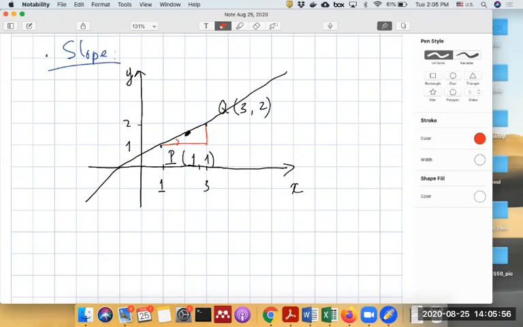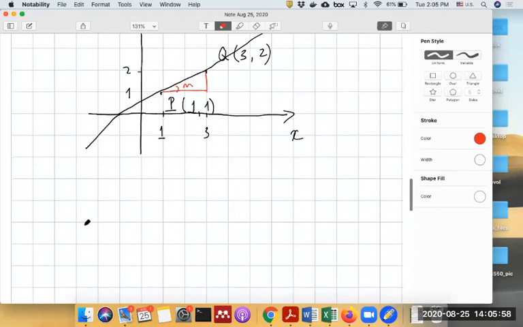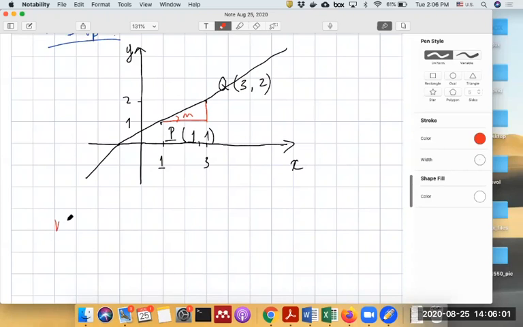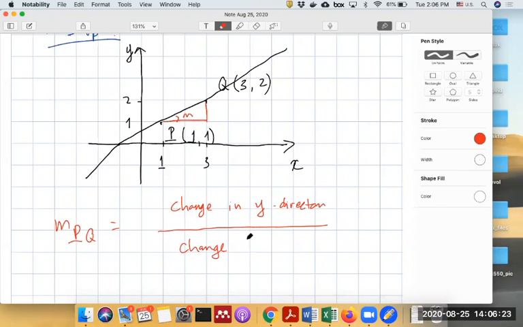So we define M_PQ, the slope of the line segment PQ going through these 2 points, as the change in Y divided by the change in X. Okay?